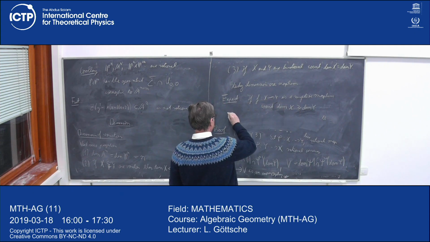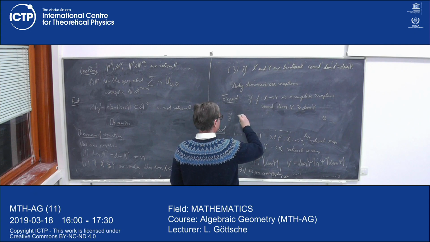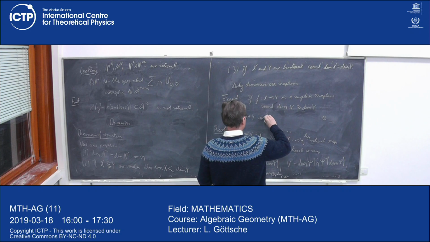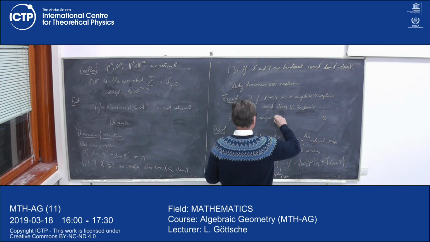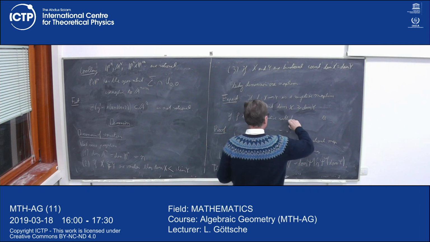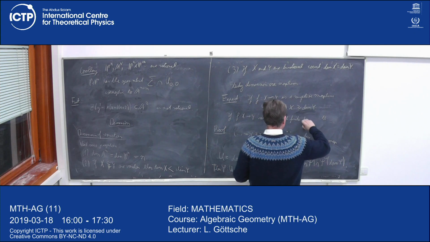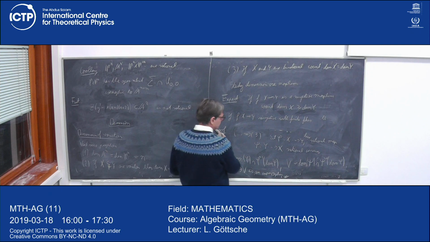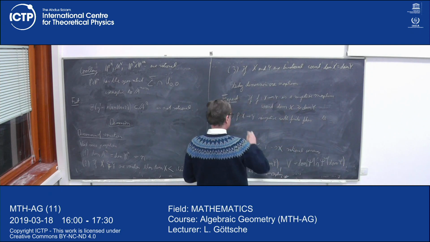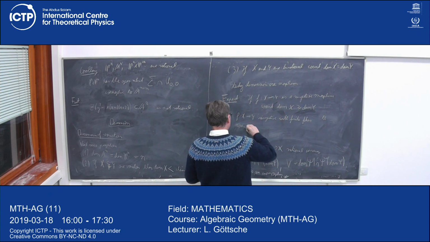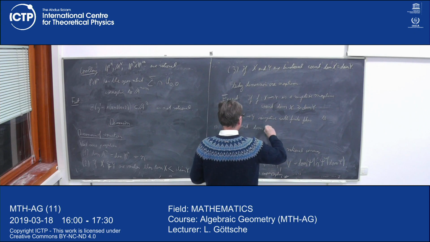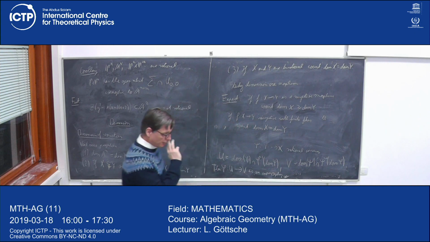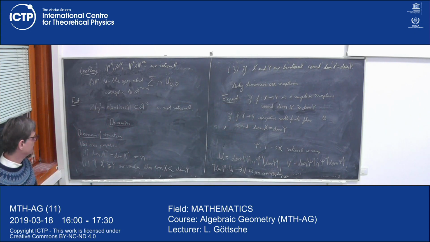So, if f from X to Y is surjective with finite fibers, so it doesn't contract anything, then we want that the dimension of X is actually equal to the dimension of Y. Okay, so we will introduce our dimension.